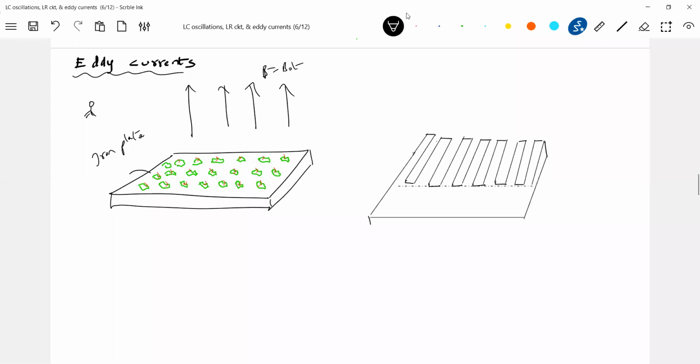I will slice the conductor like this. Okay, let's see now. The same magnetic field I'll switch on.